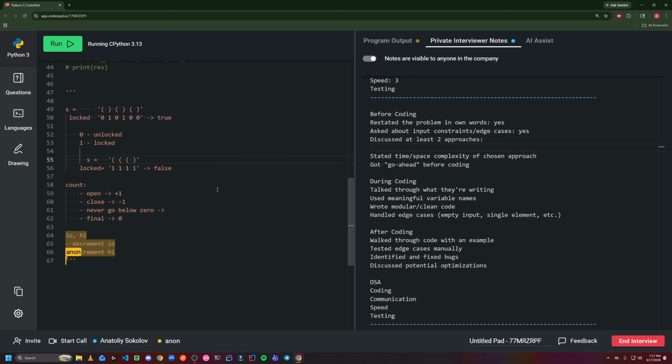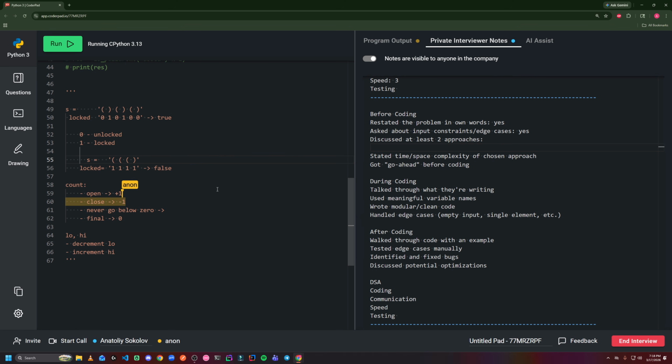And then I'm just trying to figure out if that is enough or if there's something else we also need to do. So you'd have this low and high as a range. And then what happens when you hit an open or a close that is locked?